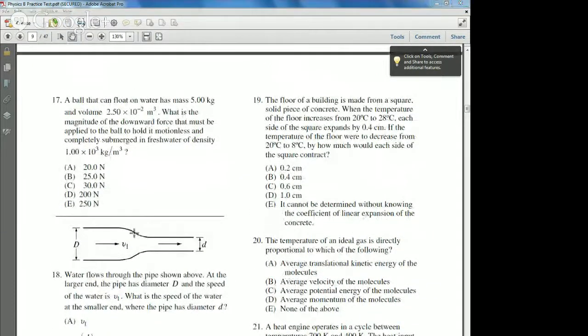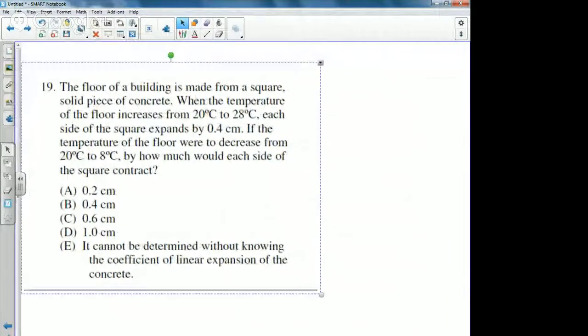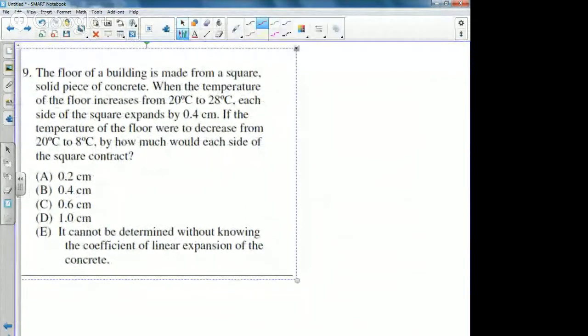Okay, 19 is a thermodynamics question. And it's about thermal expansion here. And the formula for thermal expansion is delta L is equal to alpha L naught delta T. In other words, the change in length, coefficient of thermal expansion, times the original length, times the change in temperature.